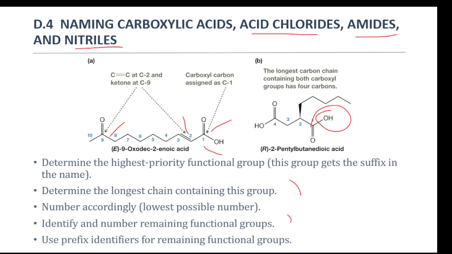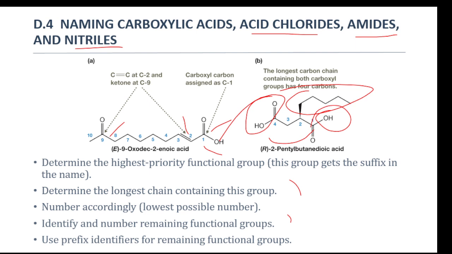Okay. This one right here, we actually have 2 carboxylic acids, and so we're going to number it in such a way that our lowest numbering ends up being for this carbon chain off of here, right? Because either way we start numbering, it ends up being 1 for a carboxylic acid. And we can't minimize the number of this other one because it has to be at the end of the chain.